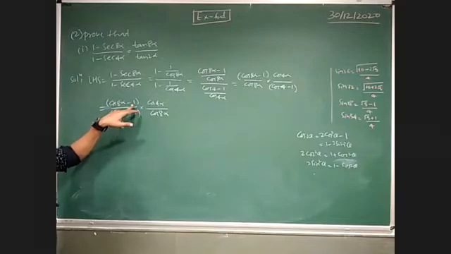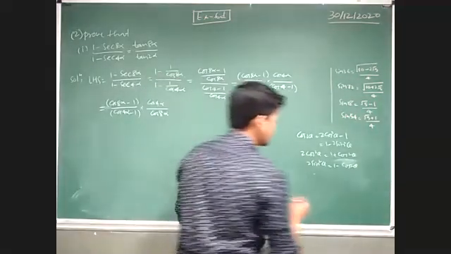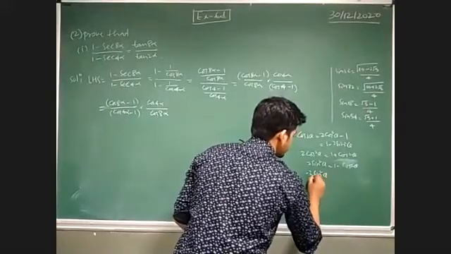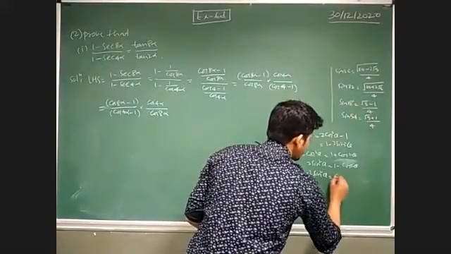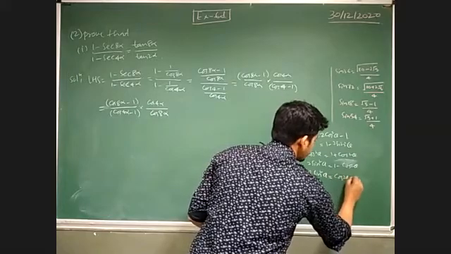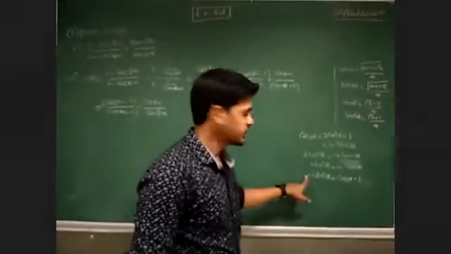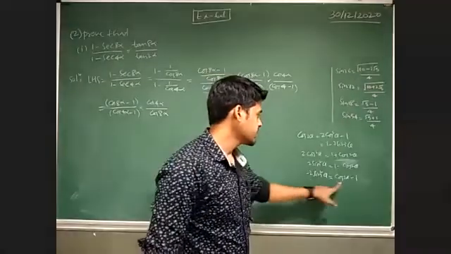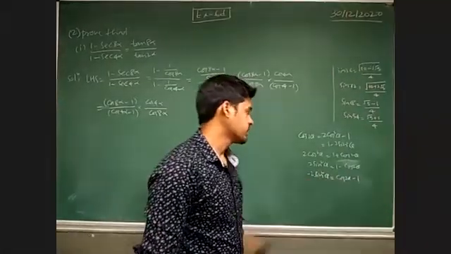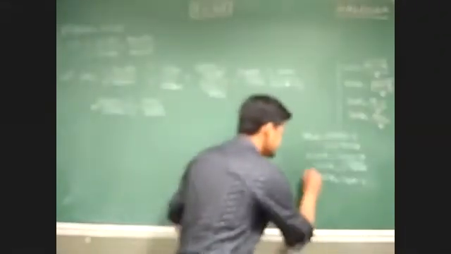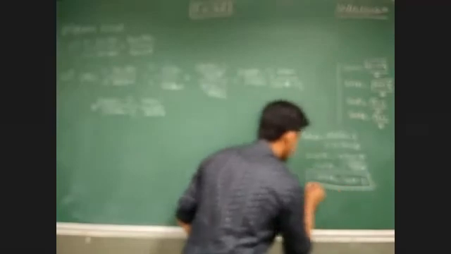So minus 2 sin square theta is nothing but cos 2 theta minus 1. If I multiply with the sign on both sides, then I can get cos 2 theta minus 1.